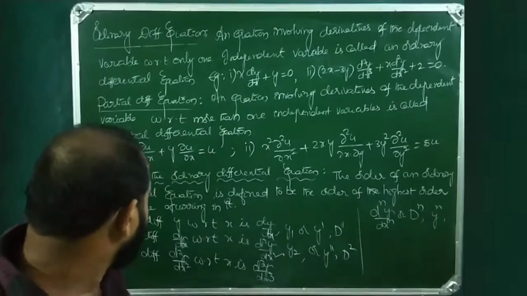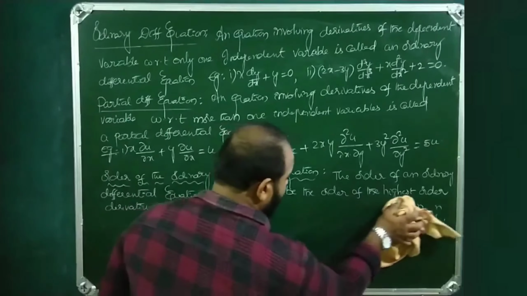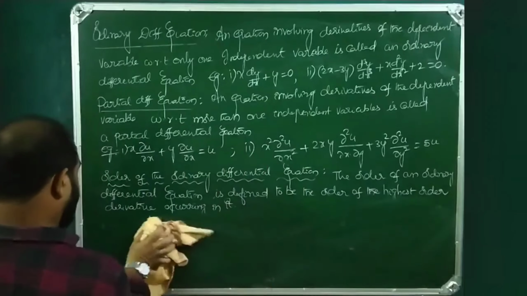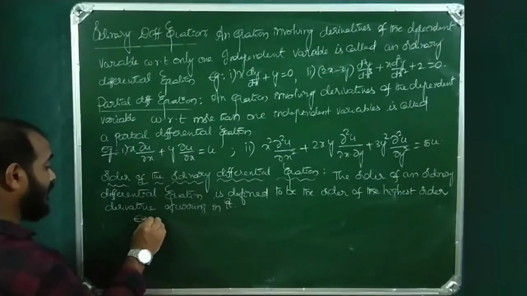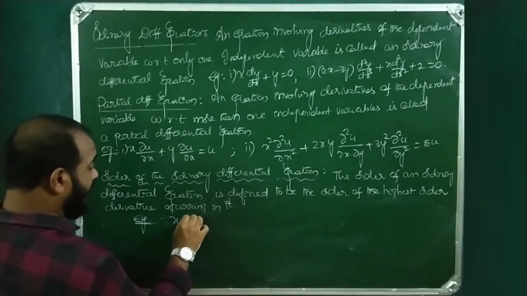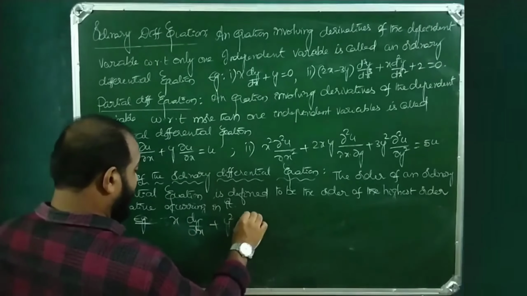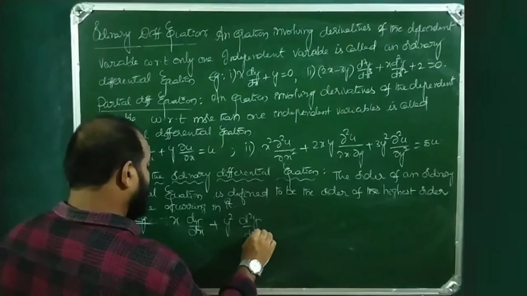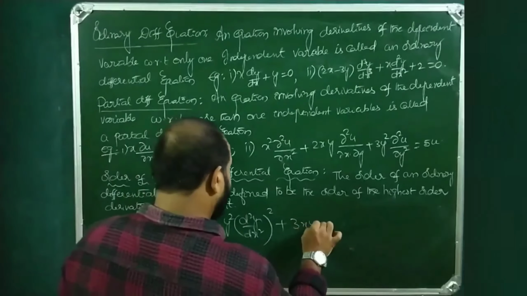So now, how do we evaluate the order of the differential equation? For example, if you take one example: x dy by dx plus y square (d square y by dx square) whole square plus 3xy equals 0.